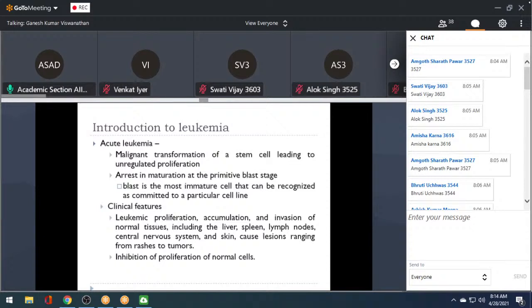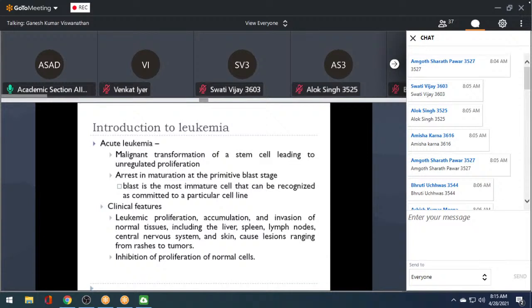Normally, the stem cells differentiate or mature to more mature cells. Lymphoblasts mature to lymphocytes, myeloid blasts mature to neutrophils, monocytes, etc. Whereas in acute leukemia, there is no such differentiation. There is arrest of the maturation. The cells are stuck at one time point, that is, they all are stuck as blasts. They don't differentiate, so you see a lot of blasts.